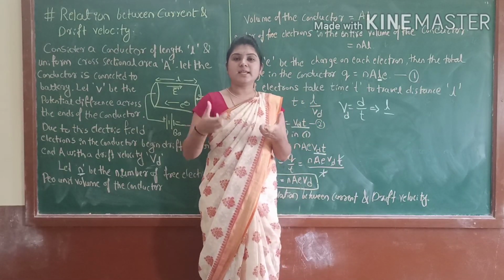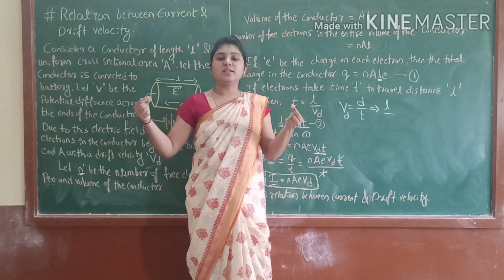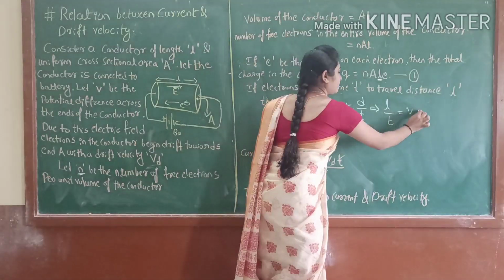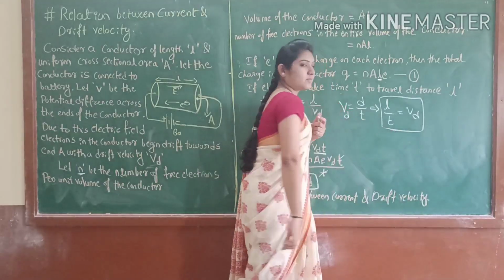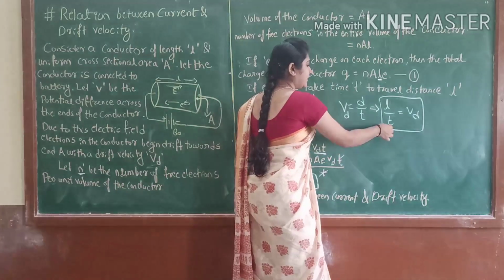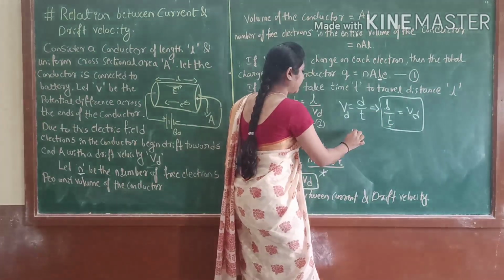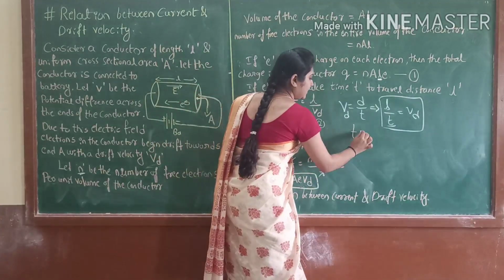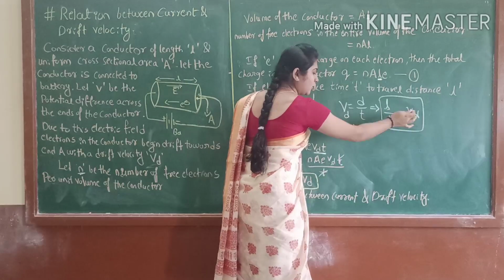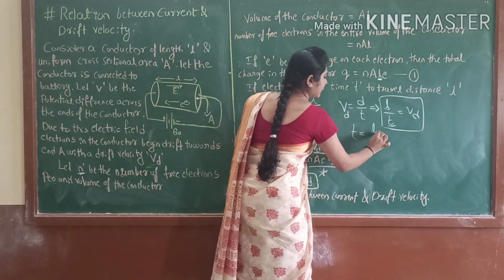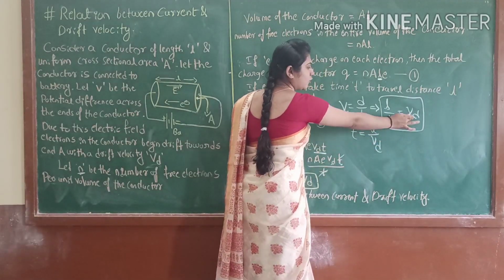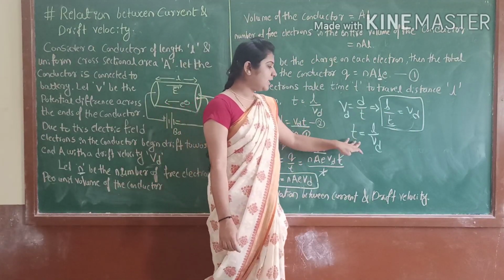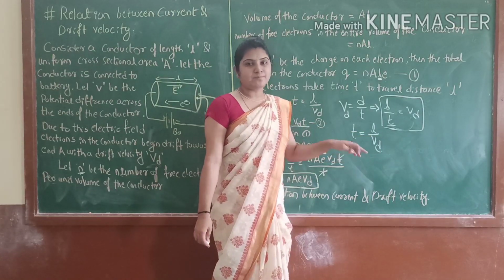The electrons take the time t to travel the distance L. So T is equal to L divided by Vd.